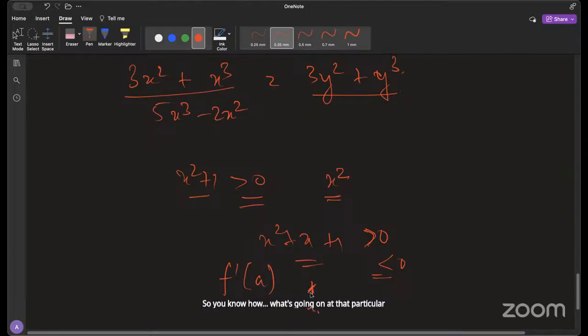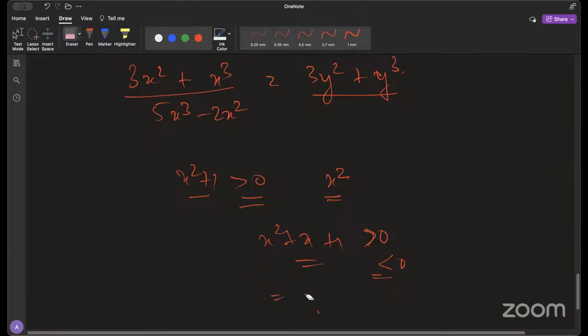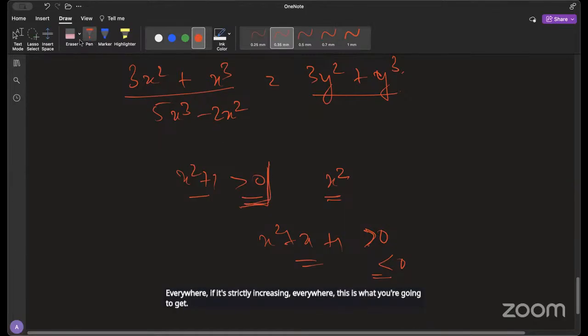If this is the point a, and the derivative is greater than 0, then it's increasing here. Otherwise, if it's a strictly increasing function everywhere, this is what you're going to get in the derivative.